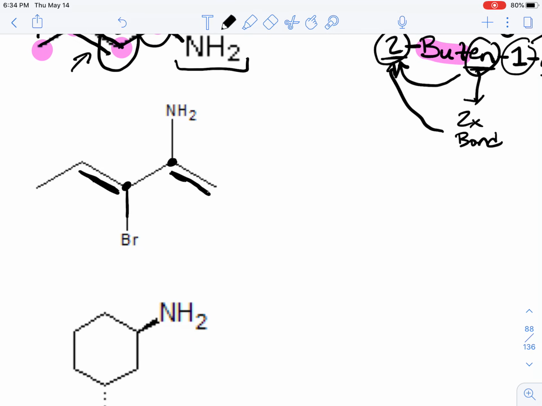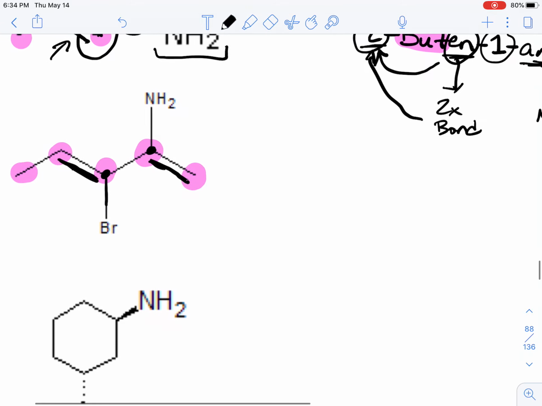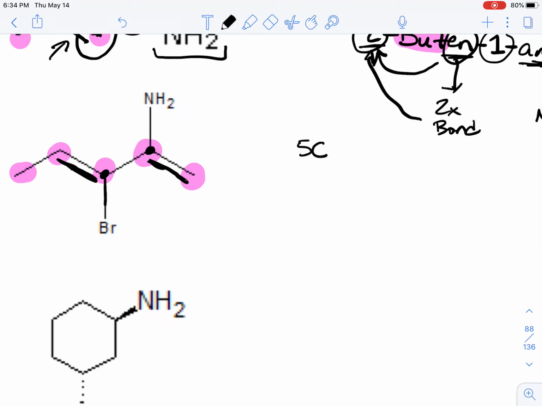So let's go ahead and count the number of carbons. We have 1, 2, 3, 4, 5. So a 5-carbon compound is going to have the prefix pent. So this is going to be pent. Now, the fact that I have 2 double bonds, I need to put in ene, pentene.